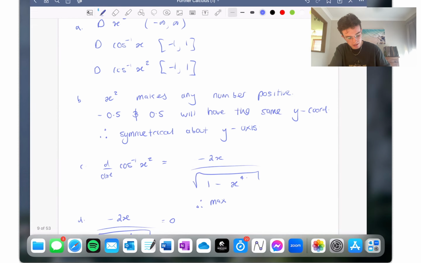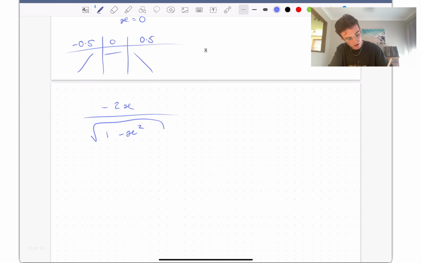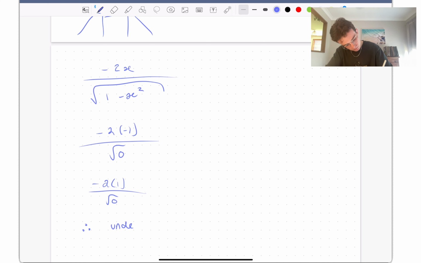So if we substitute in minus 1, we're going to get 2 times minus 1 over the square root of 1 minus 1, which is 0, so over root 0. So therefore, this can't occur. And if we substitute in positive 1, minus 2 times 1, over the square root again, 1 minus 1 is root 0. So therefore, undefined at minus 1 and 1.